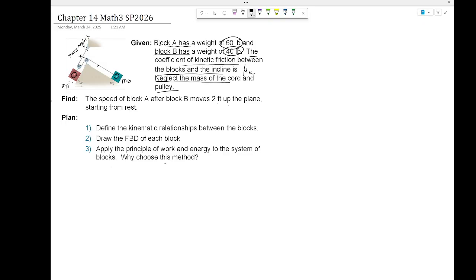So this is like 60, this is like 40. Just one second, let me get the value for you guys in my notes. For some reason there's a typo; the mu k value was not given directly.